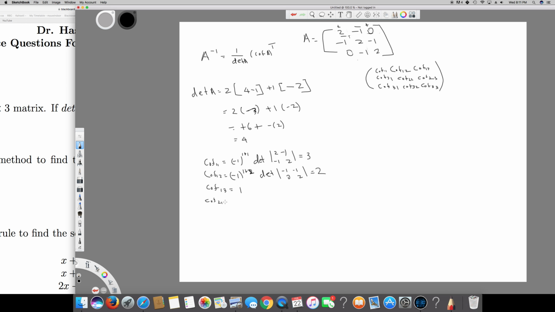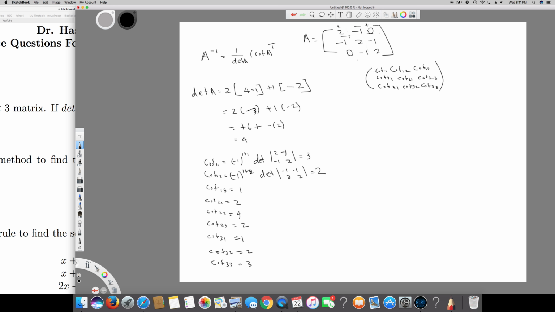Cofactor 2 1 is going to be 2, cofactor 2 2 is going to be 4, cofactor 2 3 is going to be 2, cofactor 3 1 is going to be 1, cofactor 3 2 is going to be 2, and cofactor 3 3 is going to be 3. So these are all the values.